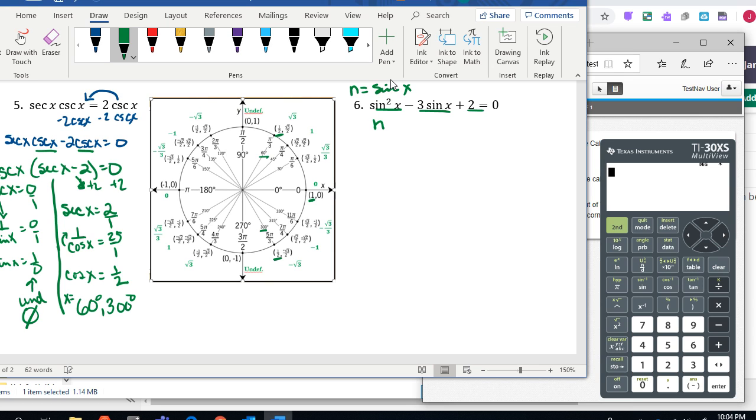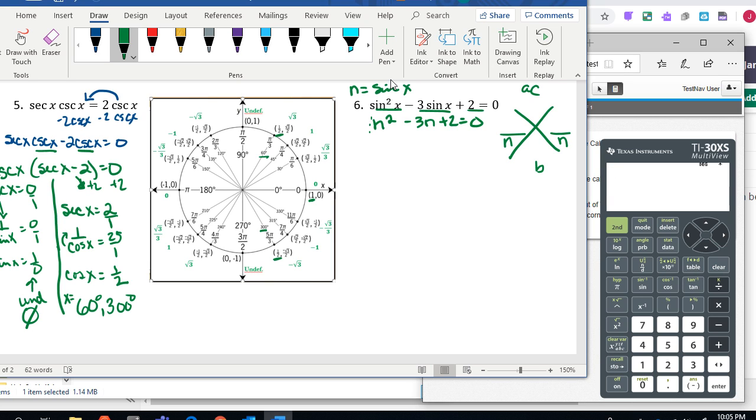So this would actually look like n squared minus 3n plus 2 equals 0. I'm going to do a diamond. Remember, AC goes on top, B goes on the bottom, over n over n. There is only a 1 that's understood in front of there, and I don't write ones.